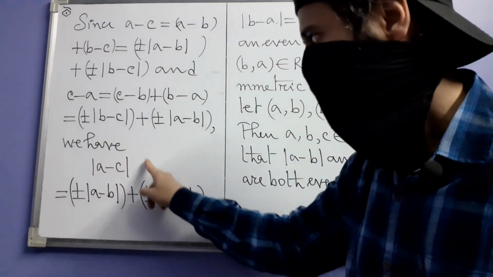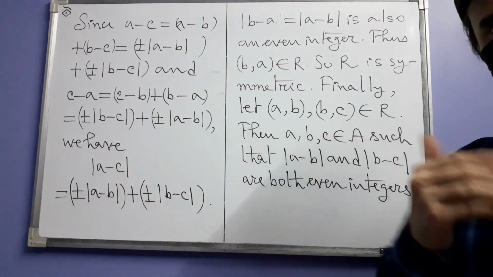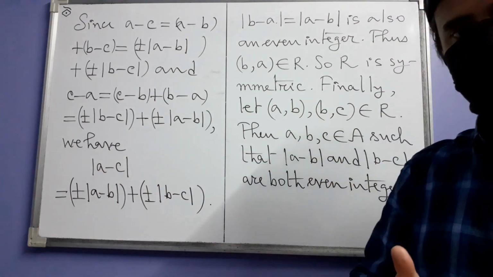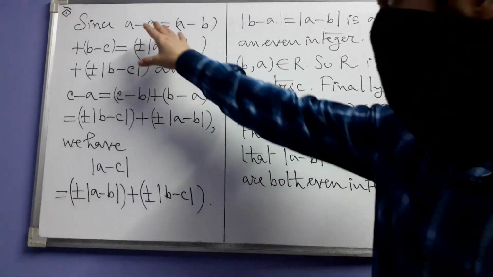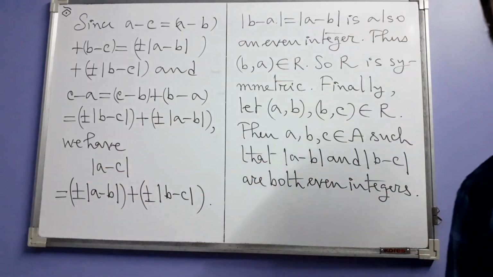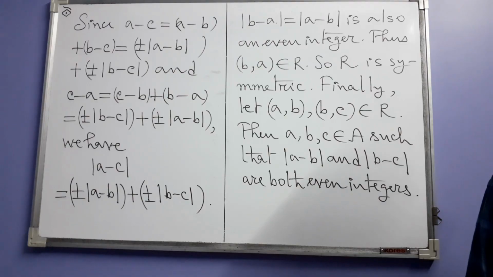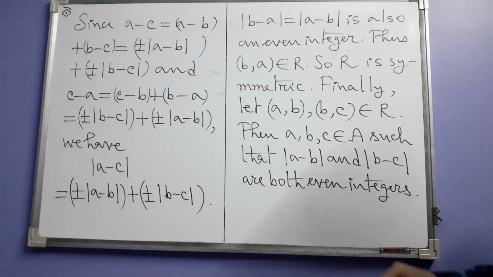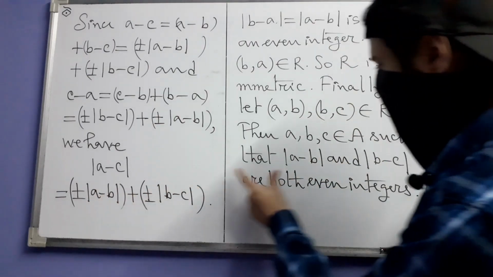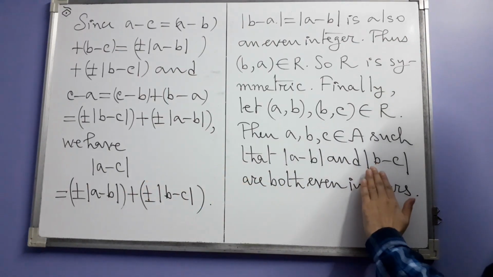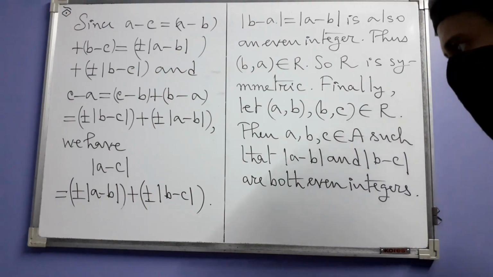Now we come to the absolute value of a minus c, mod a minus c. Because mod a minus c is either a minus c or c minus a, and both of them are equal to this same thing, so mod a minus c is equal to this thing. Now you can see that you can use this information here. Mod a minus b is even, forget about the sign, mod b minus c is also even.